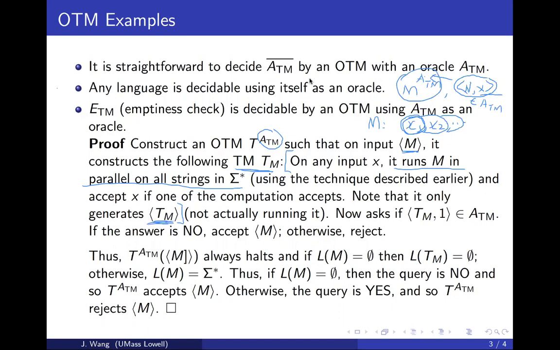Now this Turing machine asks if T sub M, the description, comma 1, which is on input 1, is in A sub TM. Just a simple question. A sub TM is the oracle, and it returns a yes or no answer.